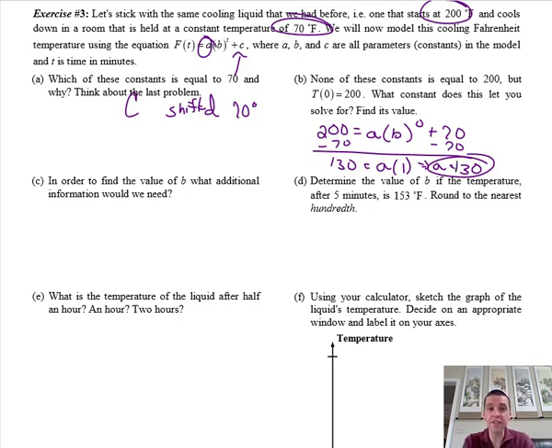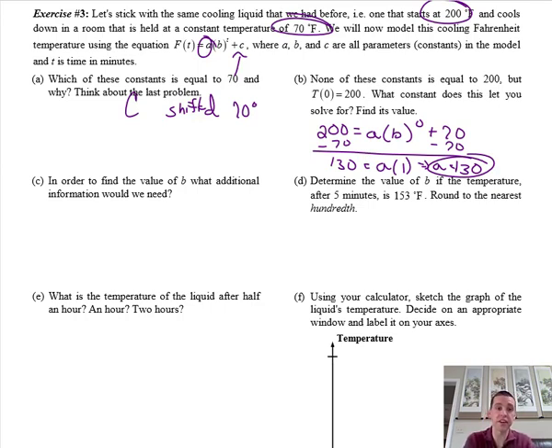So the A value is actually 130, and let's think about why that's the case. 130 times 1 is 130, plus 70 will give us the 200 that it started at. So that's important, that our A value is not the initial value that it starts at, due to the fact that the room temperature is factoring into that.